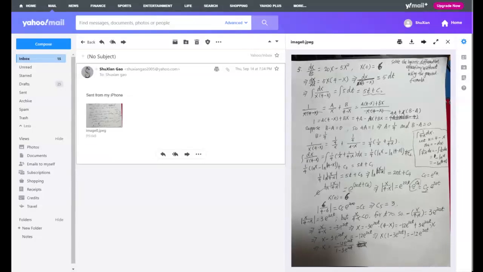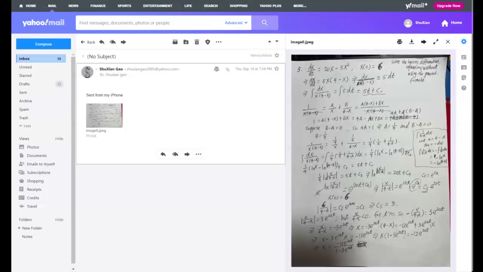So the integral of dx over x(4 - x) equals the integral of 1/4 times (1/x plus 1/(4 - x)) dx, because they are the same thing.